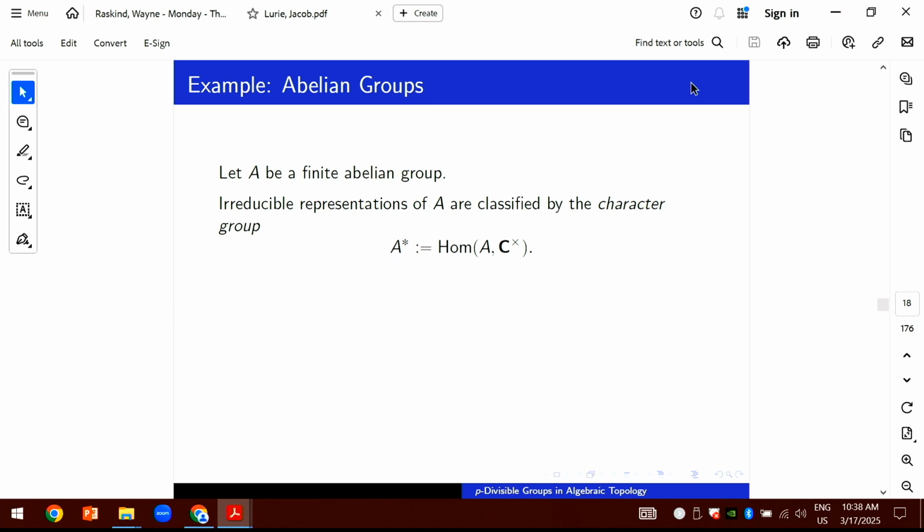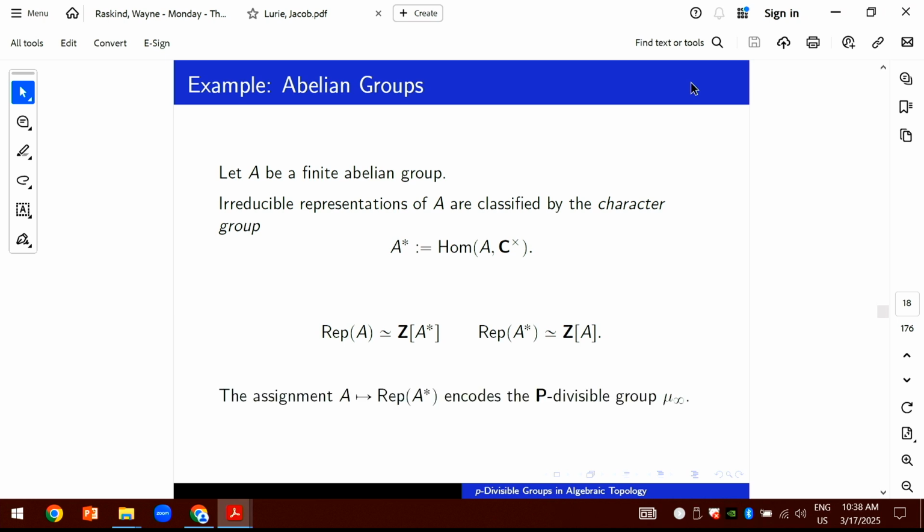So that's a finite abelian group of the same size as A. And what I just said translates to a statement about representation rings. The representation ring of A is just the group algebra of the Pontryagin dual group. And this Pontryagin duality is involutive. I could also say the representation ring of A star is the group algebra of A.